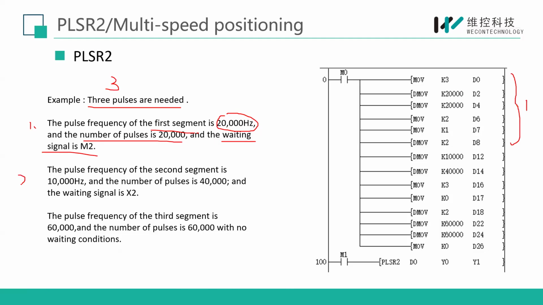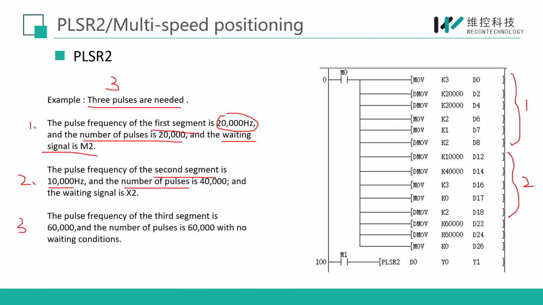The second segment, we set the frequency to 10,000, the speed, and the number of pulses is 40,000. So this one is the second segment.